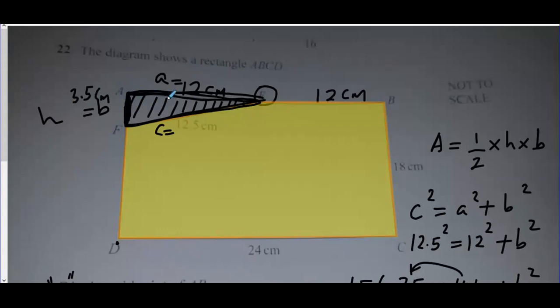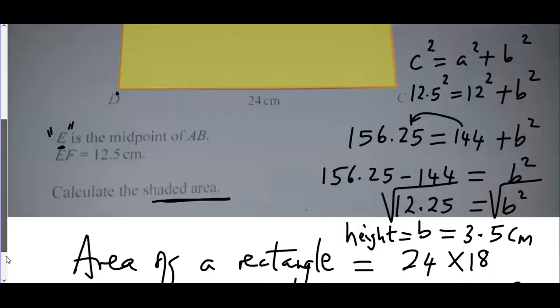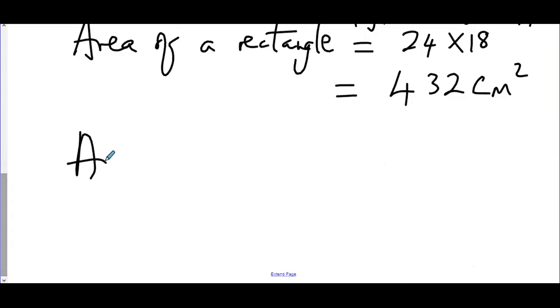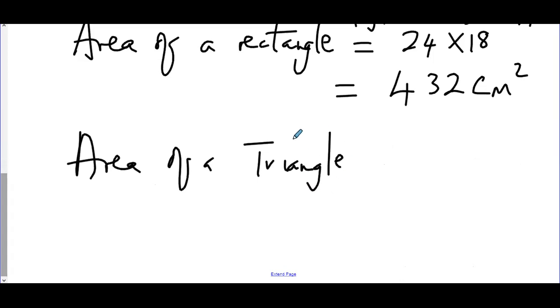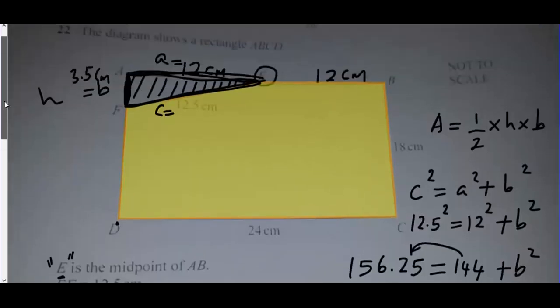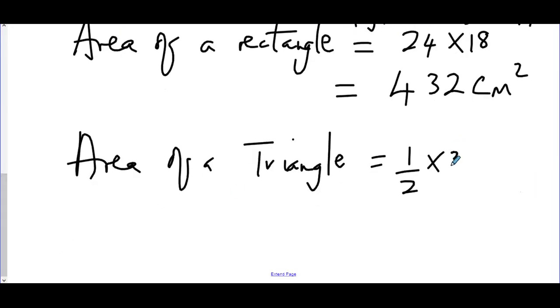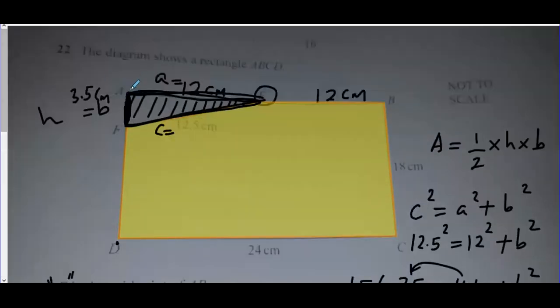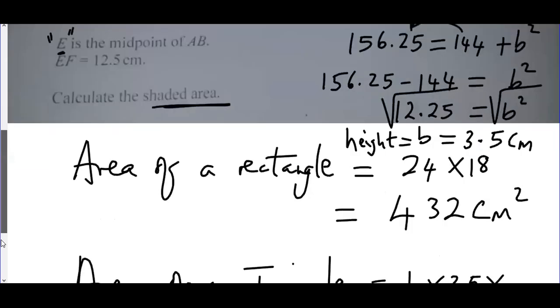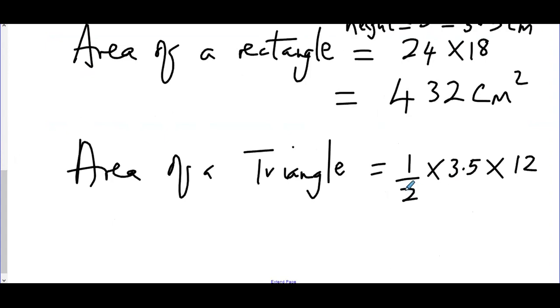Now we can find the area of that triangle. Area of a triangle will be equal to 1/2 times height. Height, we got it, 3.5, times the base. The base in this case will be equal to 12, which we have seen initially, so times 12. And then go ahead simplifying this, that is 6, and then you end up getting 3.5 times 6.